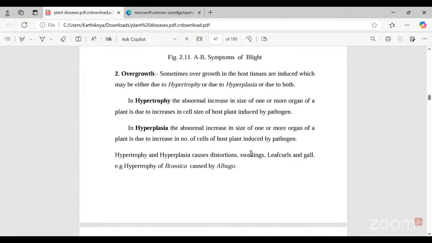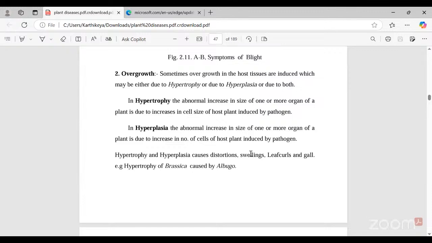Overgrowth in the host tissue is induced, which may be either due to hypertrophy or due to hyperplasia or due to both. In hypertrophy, the abnormal increase in size of one or more organs of a plant is due to an increase in cell size of the host plant induced by the pathogen.